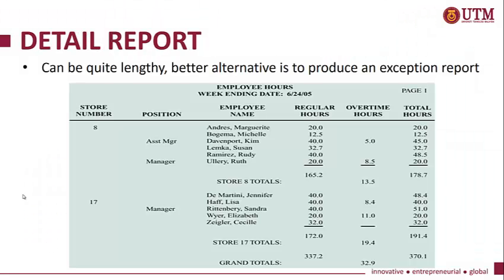So this is an example of a detailed report. It shows the weekly employee hours, ending on the 24th of June. Another example of a detailed report is a report that summarizes the monthly total sales.